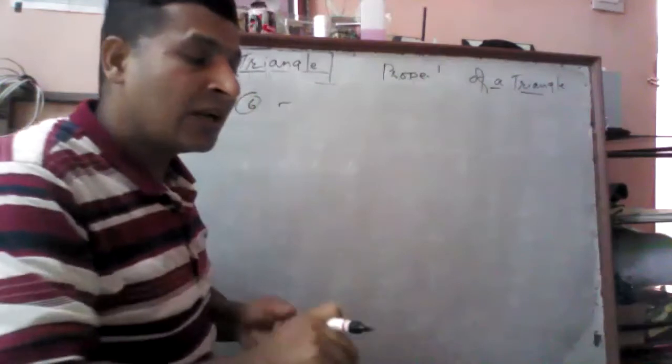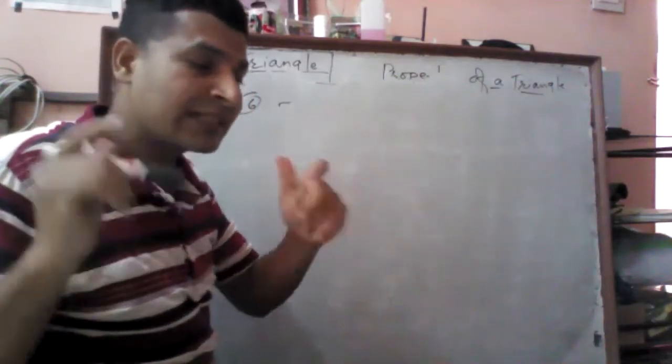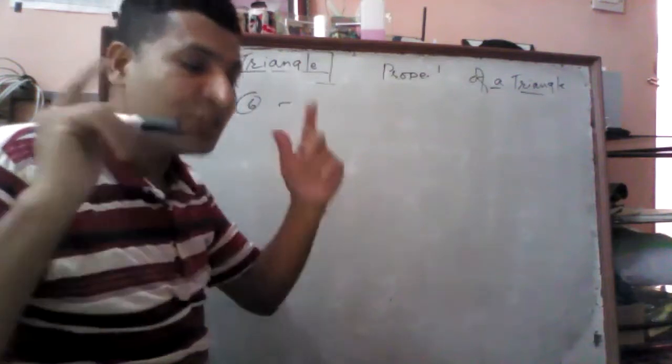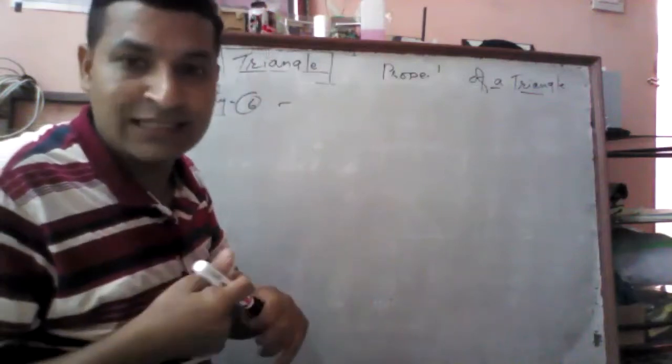I'll just tell you. The angle opposite to the longest side of a triangle is always greater in size. Okay, and the angle opposite to the shortest side is the smallest in size.